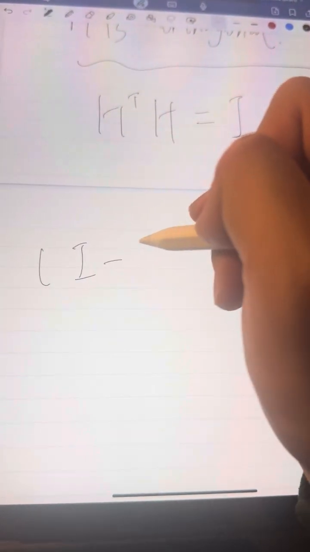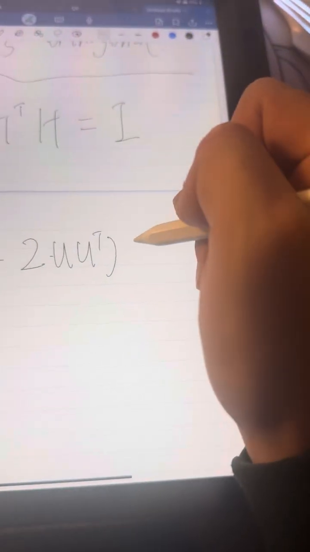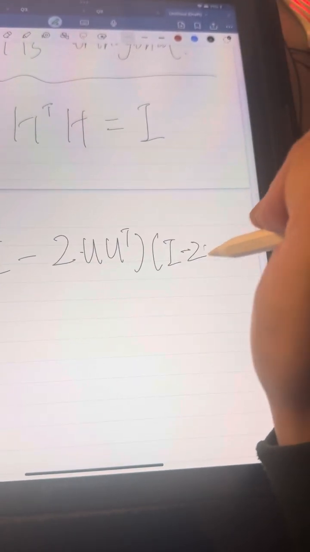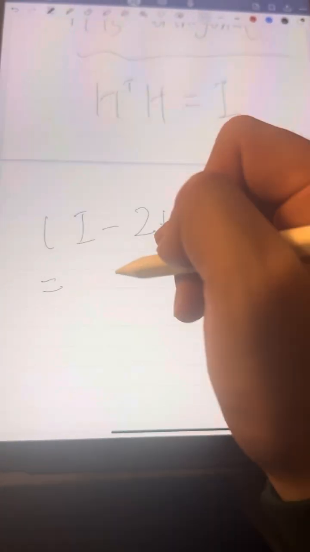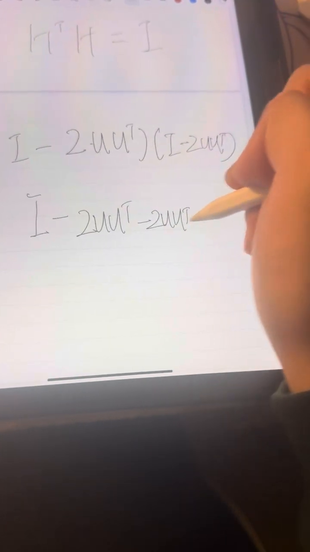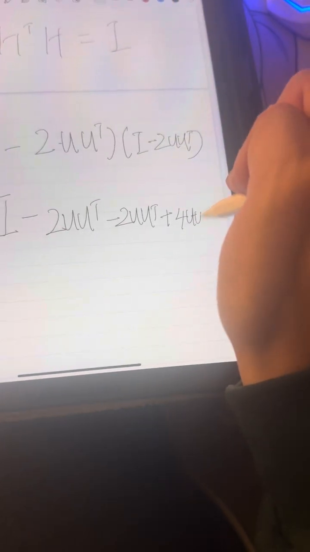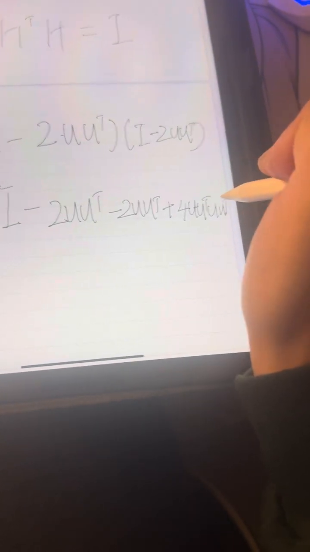So it's going to be I minus 2 U U transpose, times I minus 2 U U transpose. And this equation is going to be I minus 2 U U transpose minus 2 U U transpose plus 4 U U transpose U U transpose, right?